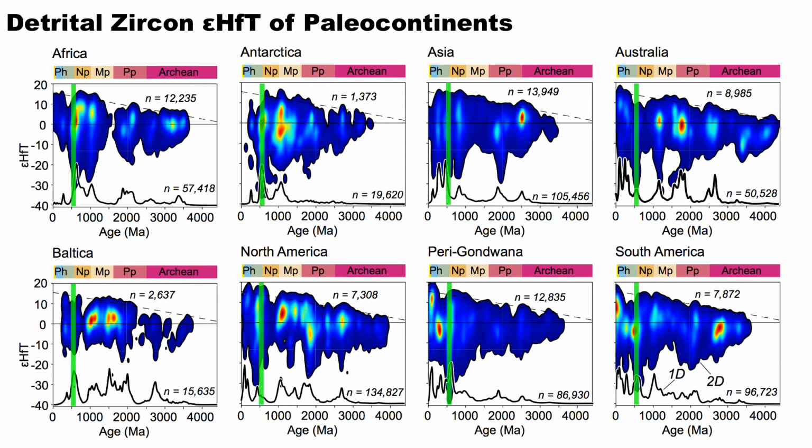Now, with this type of data treatment, we can also start to address the question of whether or not the late Neoproterozoic isotopic excursion to negative hafnium values is indeed the result of some global Earth process. Because if it were, we would predict that that signal should show up on each of the different paleocontinents.